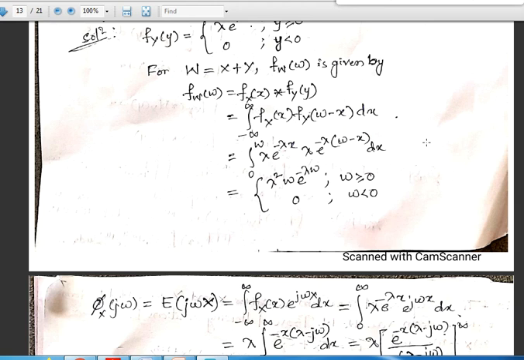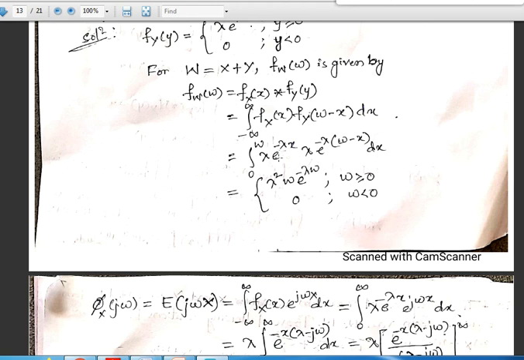So here x and w are related by means of the convolution operation. f_X of x is lambda e to the power of minus lambda x, and f_Y of w minus x is lambda e to the power of minus lambda (w minus x), and this is dx.